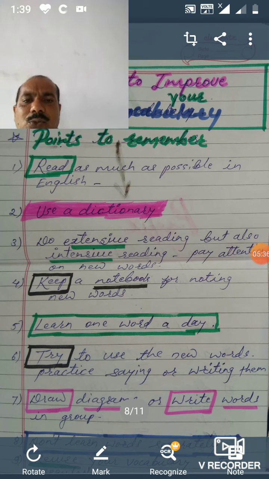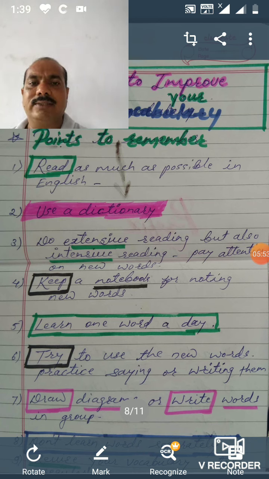Next, try to use the new words, practice saying or writing them. It means we have to practice the words orally or in writing. This is also a good way for new vocabulary.